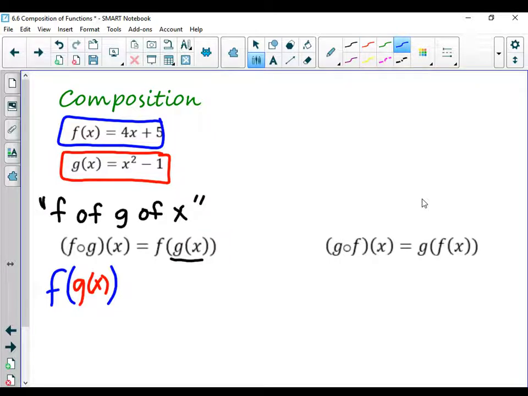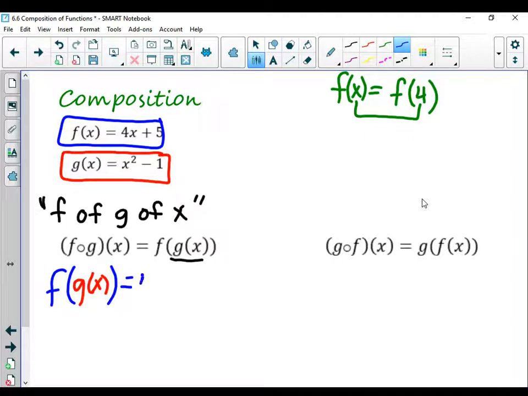Do you remember the good old days when you had a problem where it was like f of 4? What did you do with 4? X equals 4. Because if it was f of x, then x equals 4, and you plugged in 4 for x and called it a day. Same thing, but we're taking a whole equation and plugging it into another equation, which is fine. So the f equation is 4x plus 5.